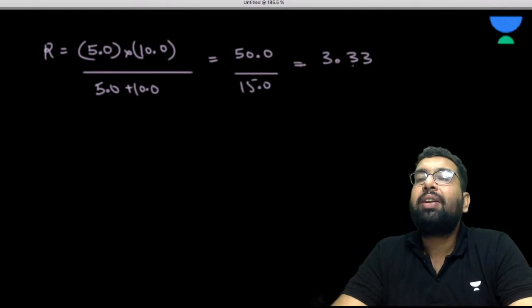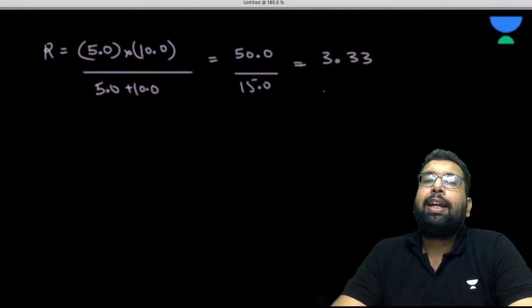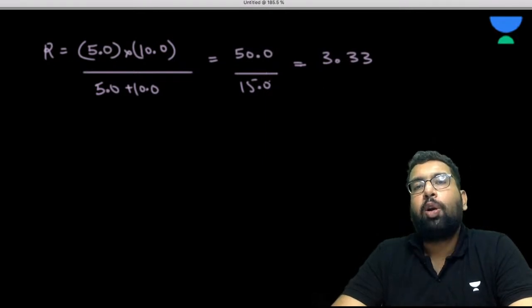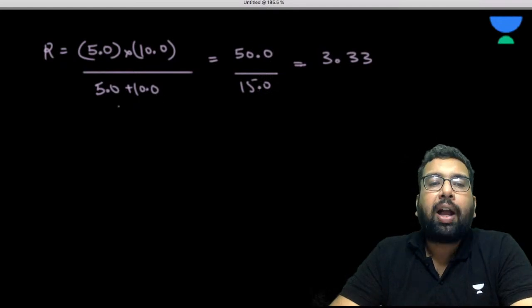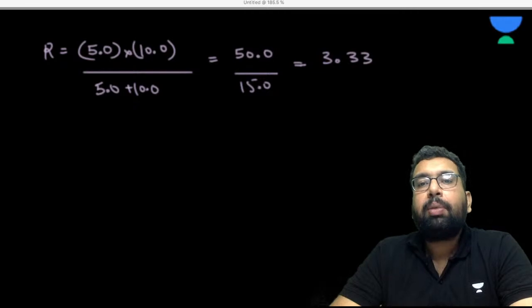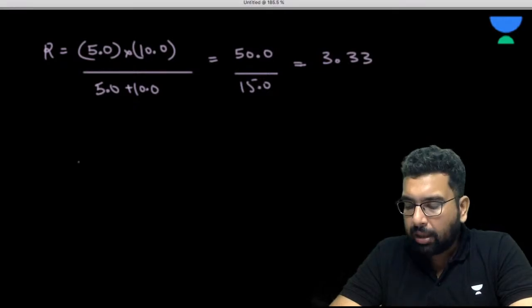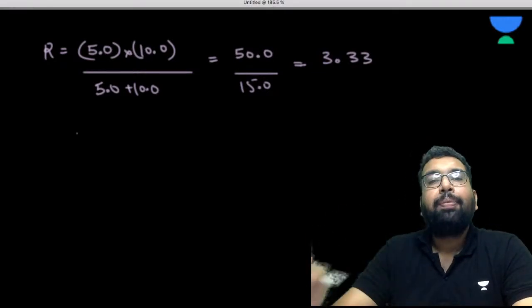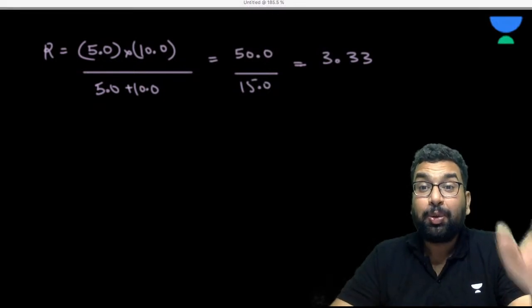But can we write 3.33? No, sir. In the case of division or multiplication, the final solution must be rounded off to the same number of significant figures as present in the value with the minimum significant figures.